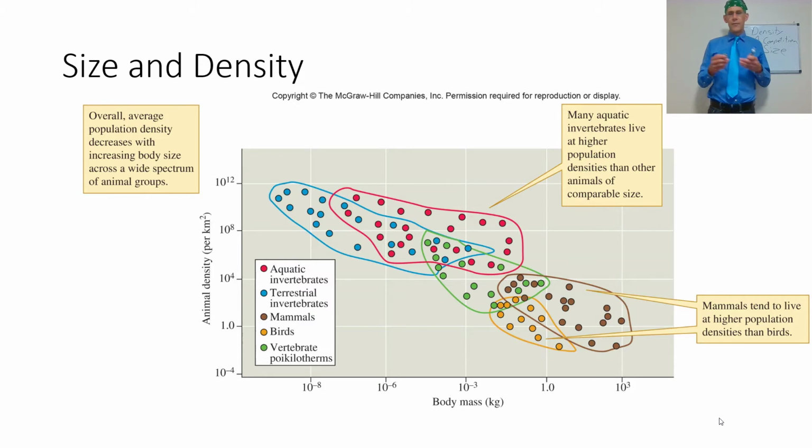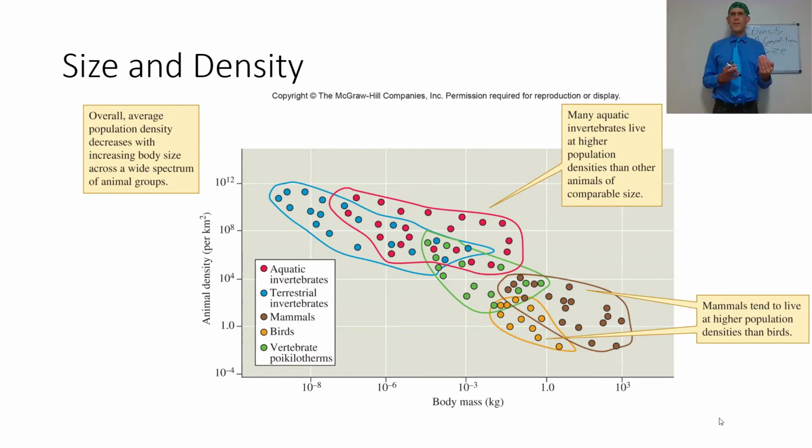Now, there is a variation within birds, invertebrates, mammals, and reptiles. The aquatic and the terrestrial ones have similar disagreements, but you'll see that they overlap pretty well with this linear relationship, with many aquatic invertebrates living actually at a slightly higher population density than expected, but not much higher than the overall line.